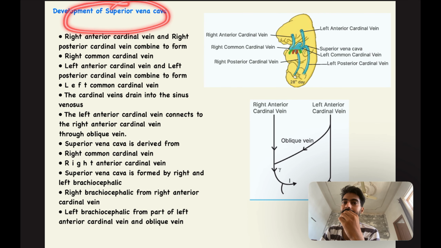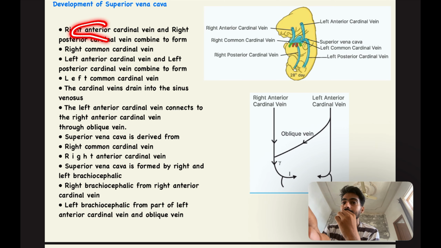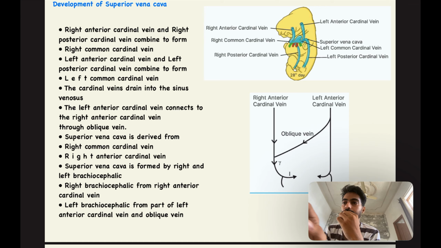Let's talk about development of superior vena cava. We have cardinal veins on the right side and left side, anterior and posterior. The right anterior cardinal vein and right posterior cardinal vein join together to form the right common cardinal vein. Also on the left side, the left anterior and left posterior cardinal veins form the left common cardinal vein.